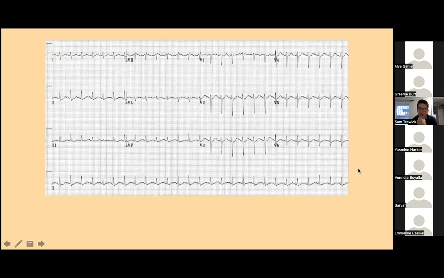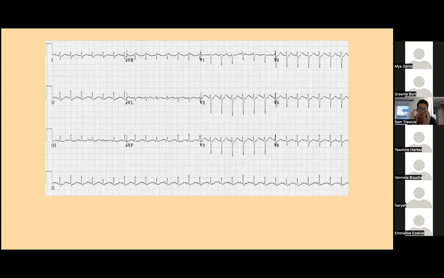Sorry, before you go, what do you mean by irregular atrial activation? So it essentially means that you're not getting definitive P waves in a rhythmic way where there's equal distance between them. But there should be no P waves, right?